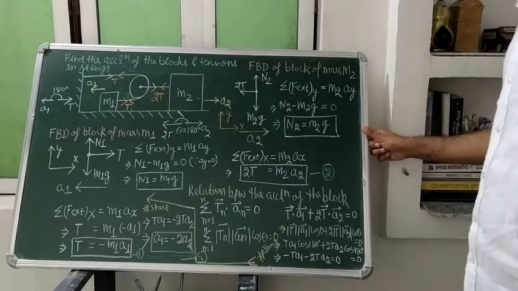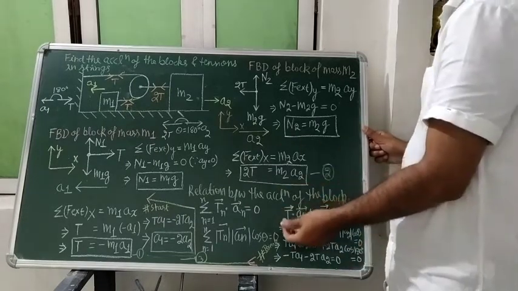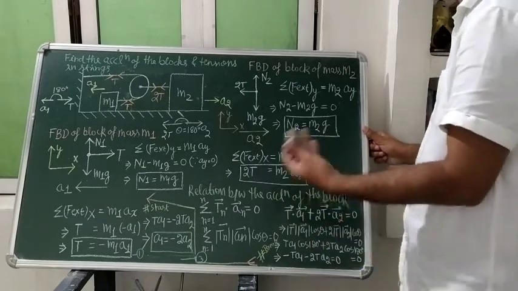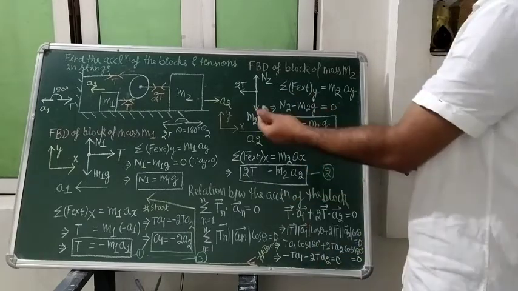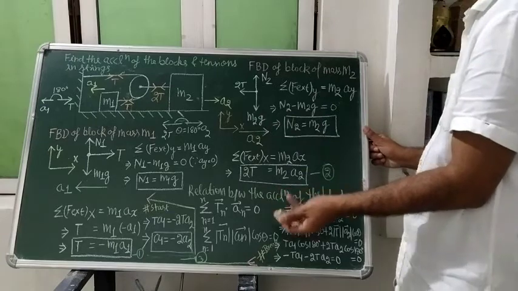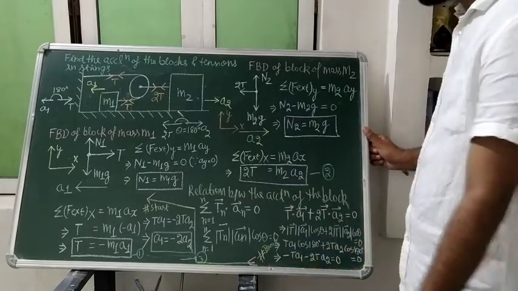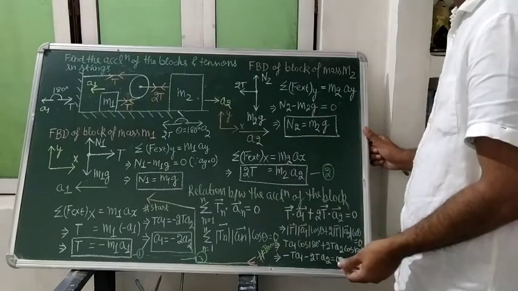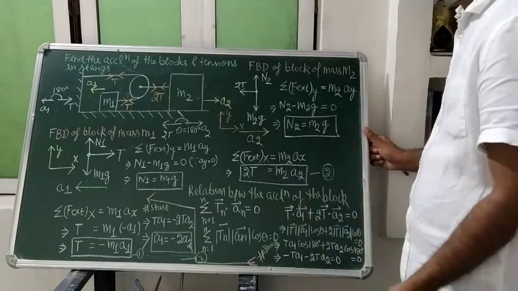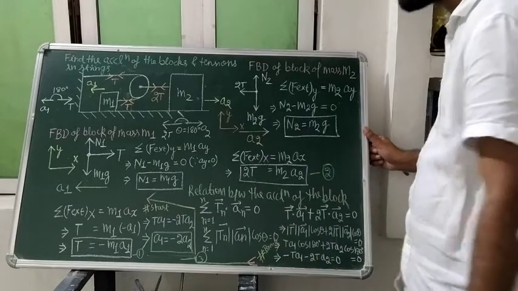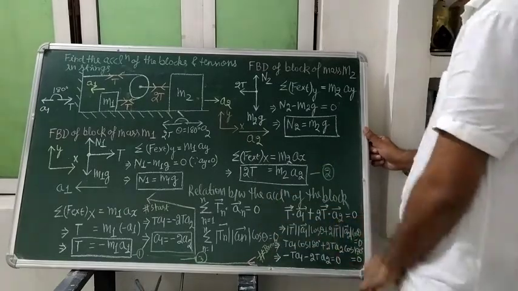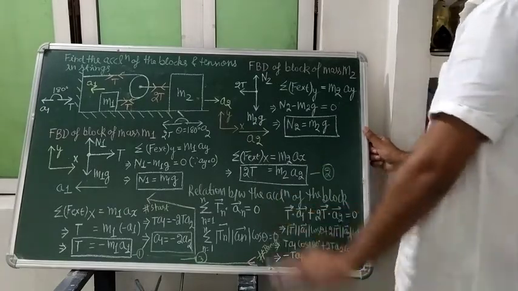Now we can solve it for the acceleration and the tensions. I am not going to solve this now. When a numerical problem based on this comes, we will select it and solve it there. Up to here you can write this.